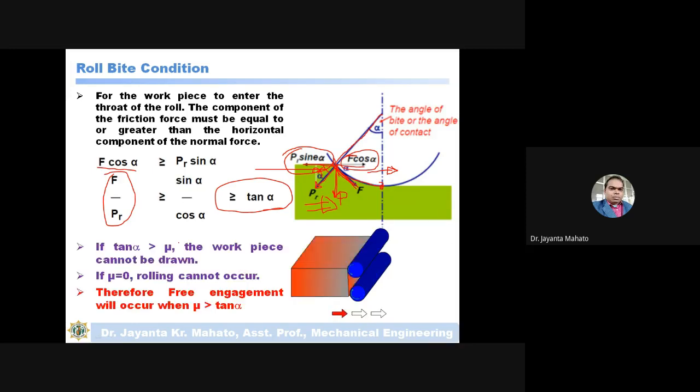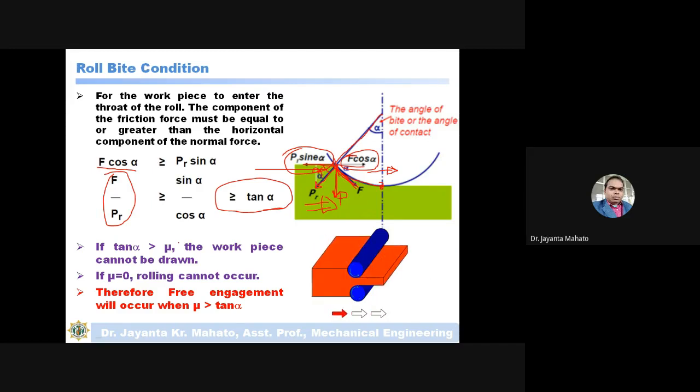When tan alpha is greater than mu, then the workpiece cannot be drawn. Especially when mu is 0, there is no friction, so the material will slip and rolling cannot occur.